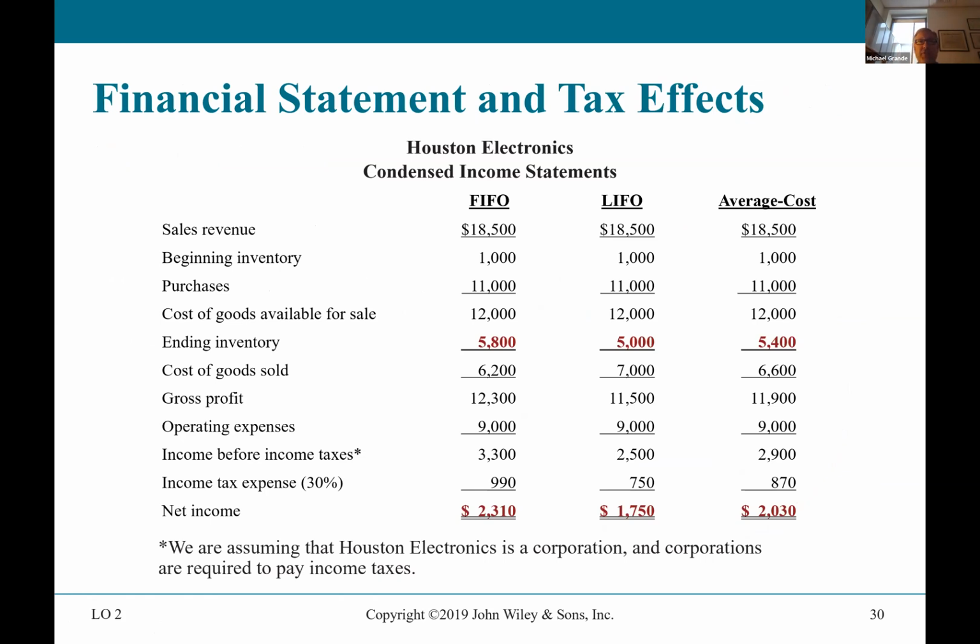So the cost of goods sold under FIFO was $6,200. The cost of goods sold under LIFO, $7,000. Cost of goods sold under average cost was $6,600. So that's the only number that changes. So you can see net income is different depending upon which cost flow assumption you're going to use.